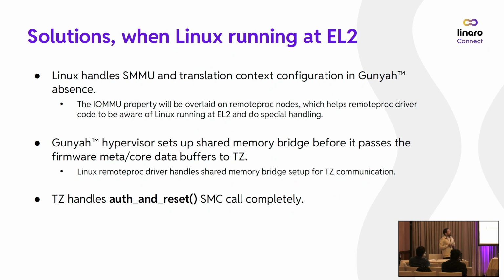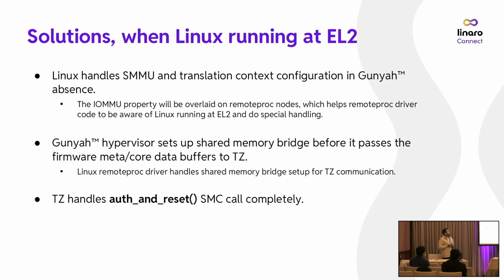So the IOMMU property needs to be overlaid, because the same device can run under the Gunyah hypervisor or when Linux runs at EL2. So the same device tree and the same driver need to be used. How will we differentiate whether Linux runs at EL1 or EL2?